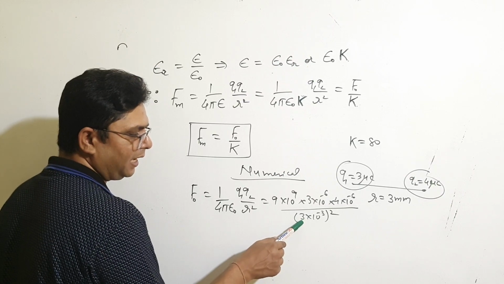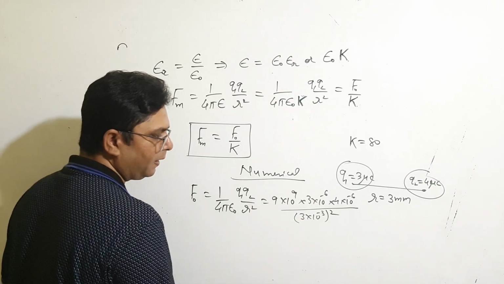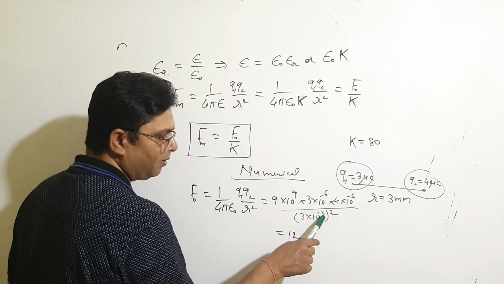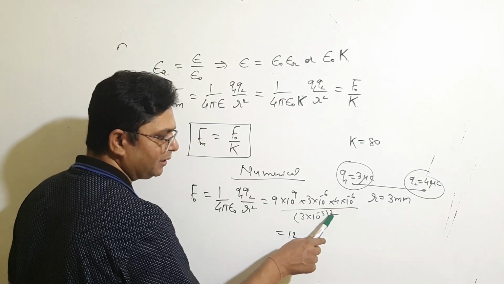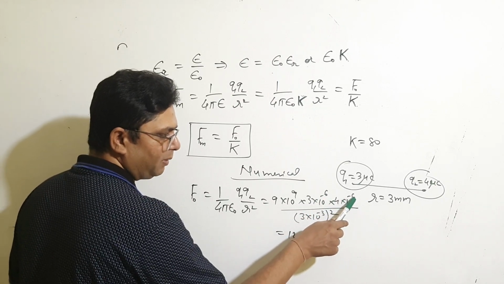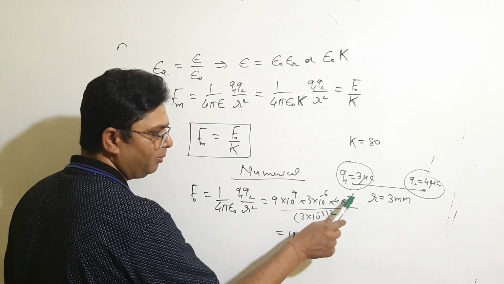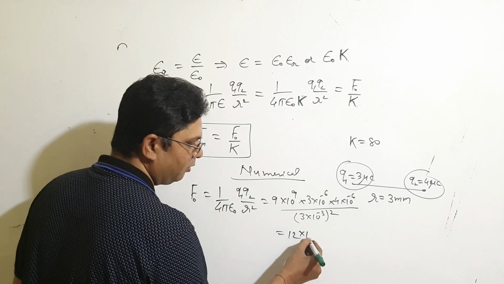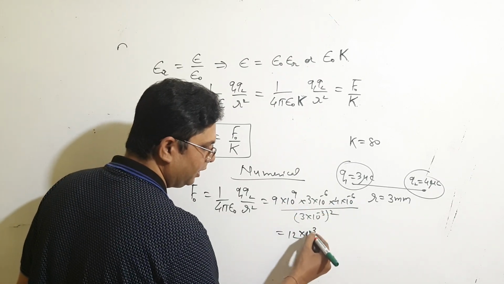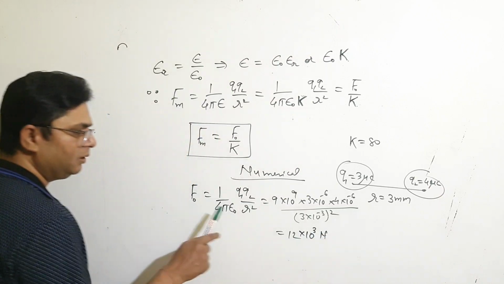Square of 3 is 9. 9 cancels out here. So you have 3 into 4, 12, and 10 to the power minus 6 on the numerator cancels out. So 10 to the power minus 6 and 10 to the power 9 will add up, and it gives you 10 to the power 9 minus 6, which is 3. Newton. So this is the force in vacuum.